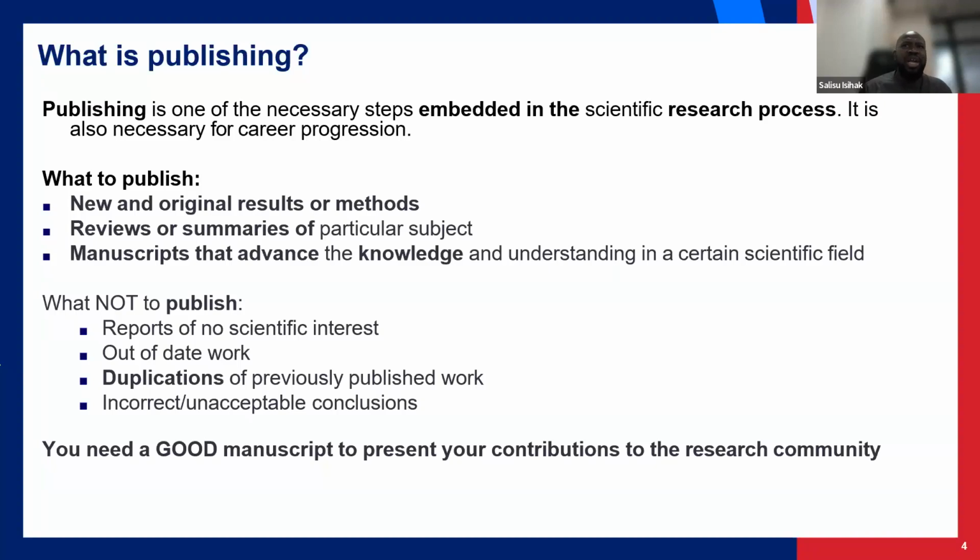What we cannot publish is any report that is quite outdated, or not very conclusive, or more or less a duplication of a previous work without really adding much to the knowledge. And a good manuscript will always be presented to the research community, and you have the opportunity to get a lot of feedback from people around.